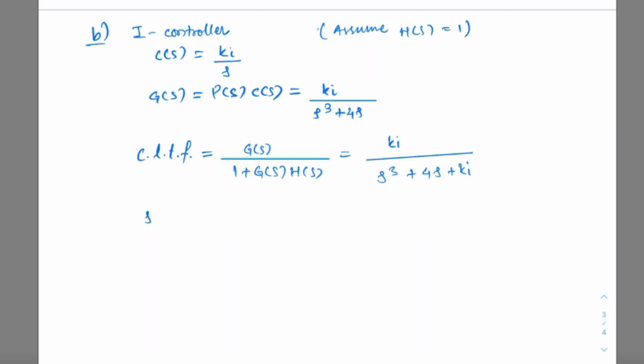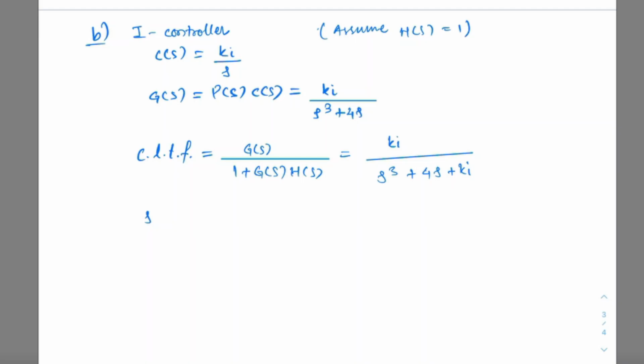So this is the first column, and to have roots of the denominator polynomial in the LHP, Kd should be greater than 0 and Kp plus 4 should be greater than 0.